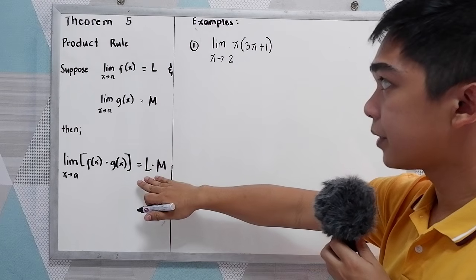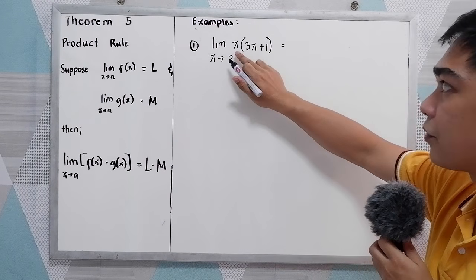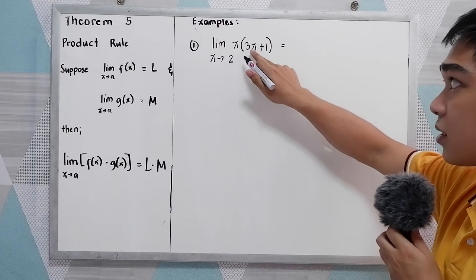Applying our product rule, we have our first function multiplying the second function.